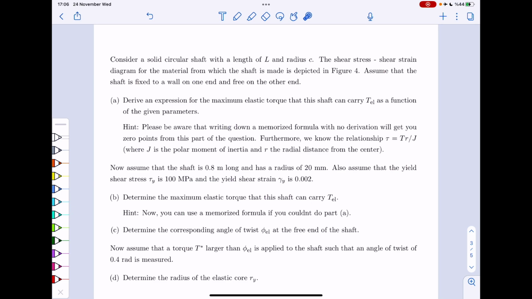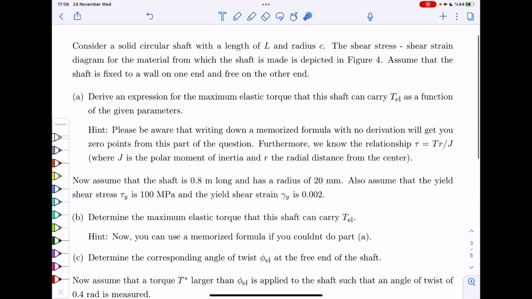This is not a particularly complicated exercise. We just have a circular shaft, as we usually do, and under some loading, we introduce a distributed shear stress within the shaft.